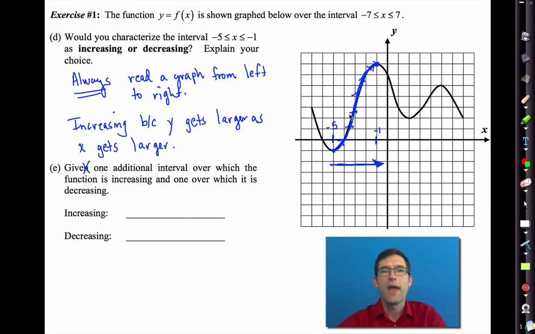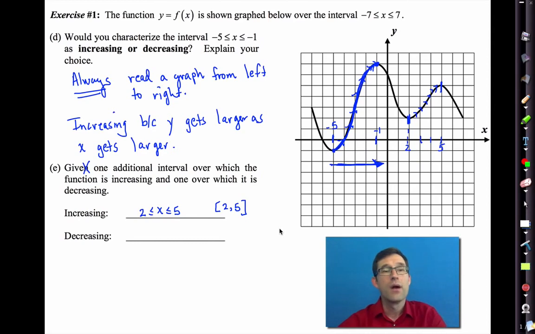And a good example of that is from here to here, right? So from 2 all the way to 3, 4, 5. This is x equals 2, x equals 5. From 2 to 5, we're traveling uphill. You could also use interval notation really nicely. You could go 2 to 5.